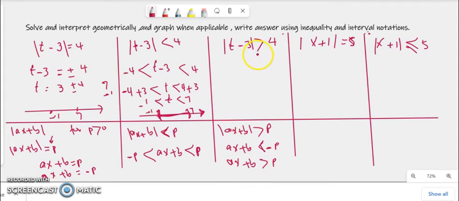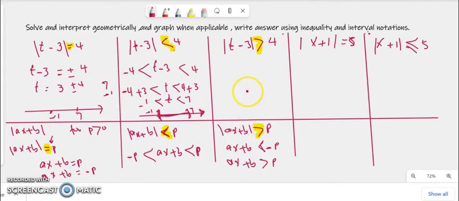Now for the greater than, you gotta pay attention to what sign we're using here, because this is gonna make you choose the correct theorem to apply. So this is greater than 4, so we're gonna apply this theorem here.